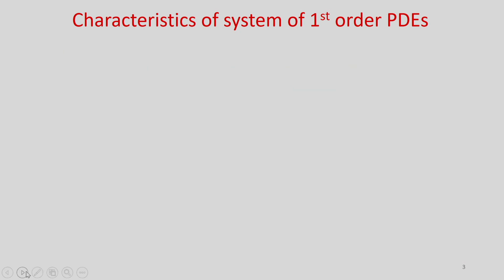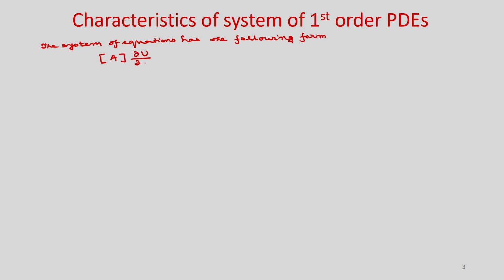Now, let us consider another set of first order partial differential equations. The system of equations has the following form for steady state, let us say: A del u by del x plus B del u by del y plus C is equal to 0.